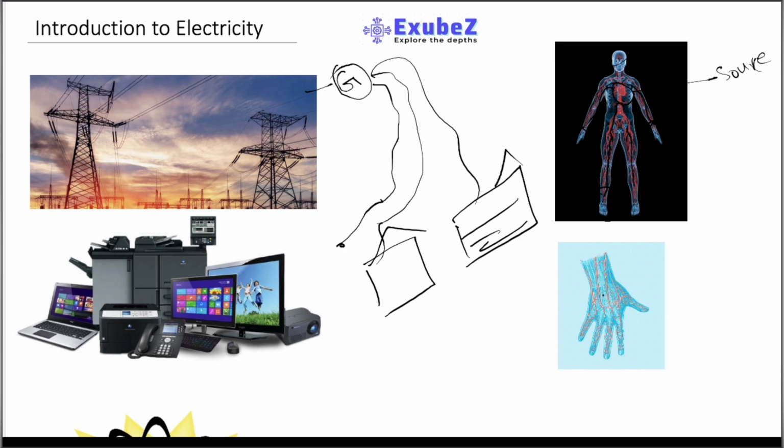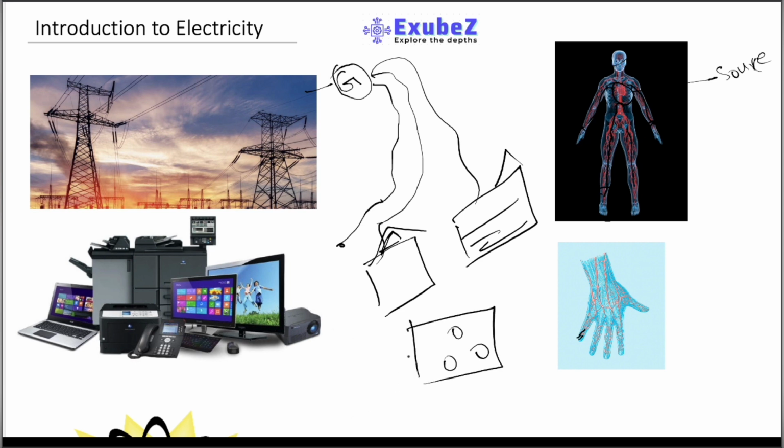But if I have a deeper look into the hand, I'm going to see a lot of very minute and tiny capillaries, or very tiny blood vessels, which give blood to every depth of this particular hand or any organ. Similarly, in the home, you're going to have this wall plug, something like this.